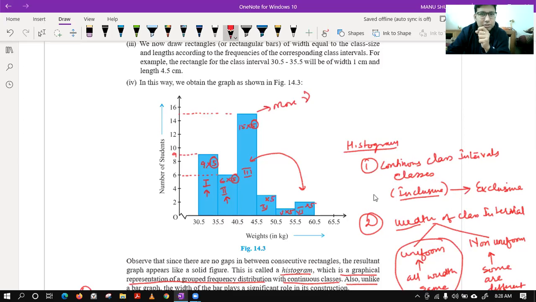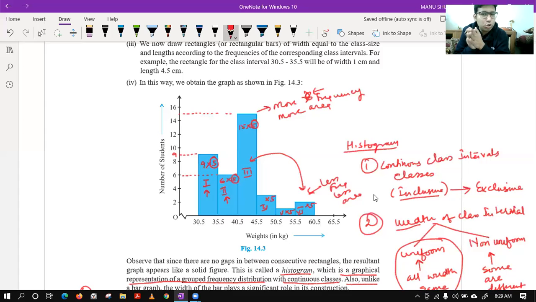This is a symbol for frequency. You will study it in physics. If you don't want, you can just write it like this also. More frequency, less frequency, then their area should be similar, more area, less area. Now, Piyush, is my point clear?